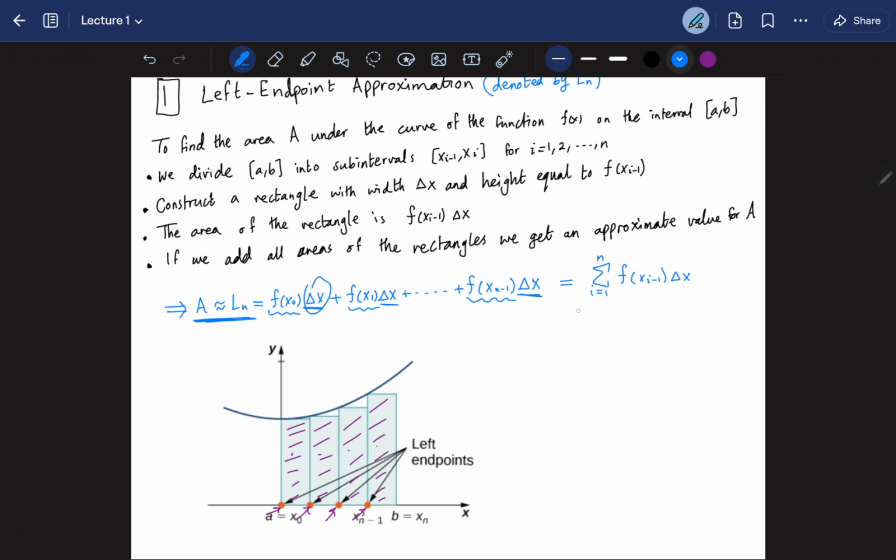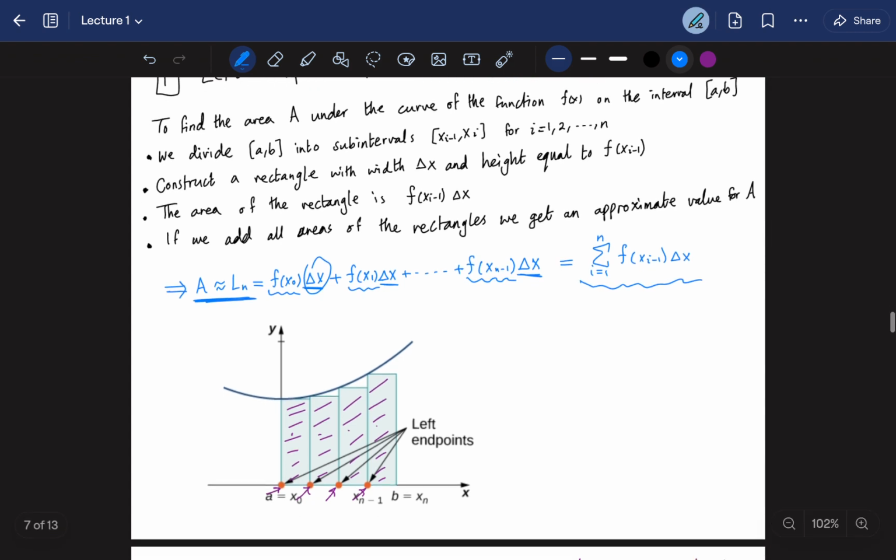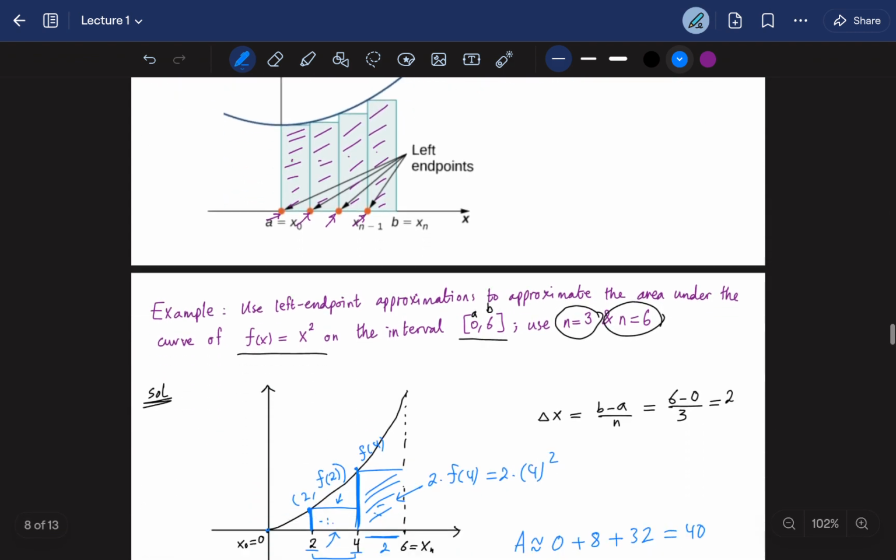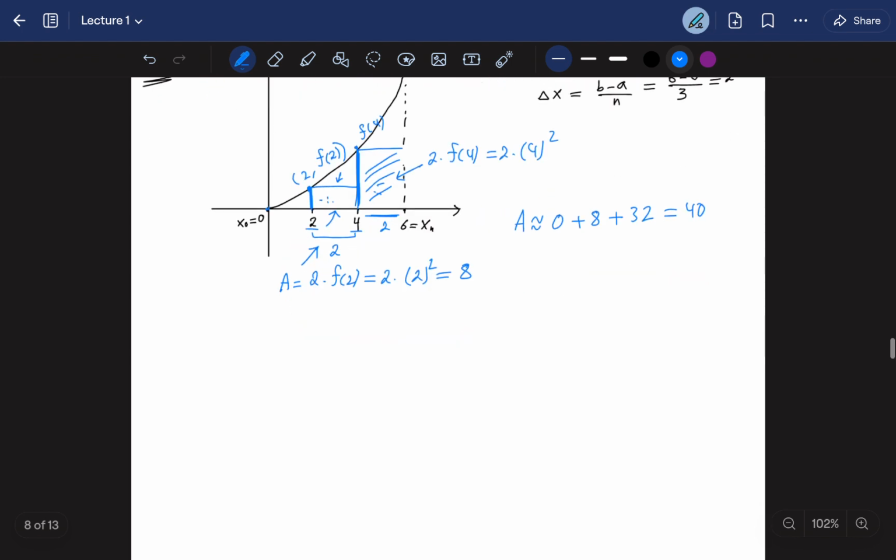So now using the sigma notation, I can write it in a compact way using the summation notation, where I'm going to have f of x sub i minus 1 times delta x. And that's how we approximate the area using a left endpoint approximation.